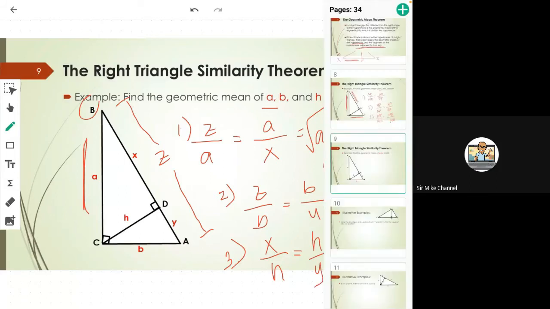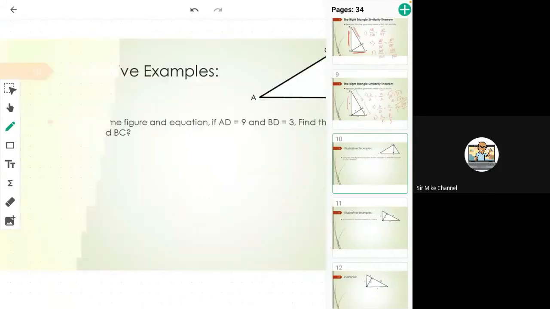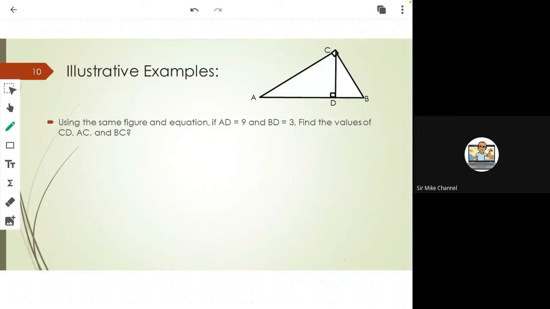Okay, next. So, ito, magsusolve na tayo. So, using the figure, same figure and equation, if AD is 9, okay, ito raw ay 9, and line segment BD is 3, okay, find the values of CD, ito yung altitude natin, AC and line segment BC. So, yung CD, ito yung tawag nito, altitude. Diba?